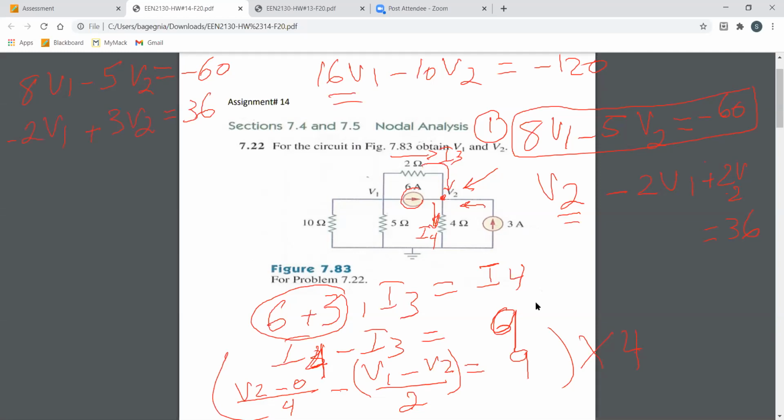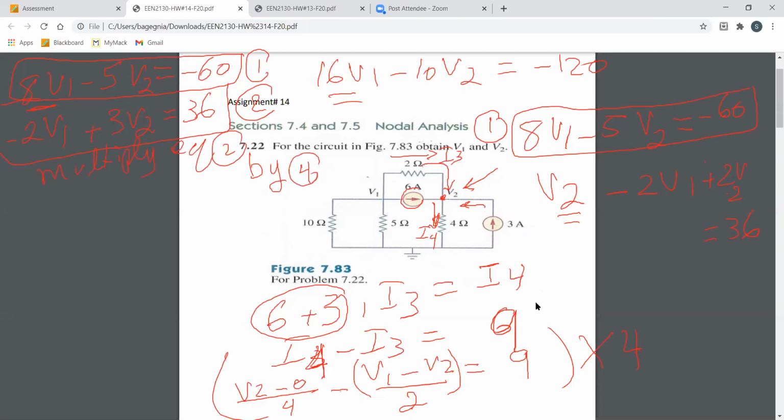These are the two equations I want to solve. Elimination is sometimes easy. If you multiply equation 2 by 4 to match the 8, and then we add, so we multiply equation 2 by 4.